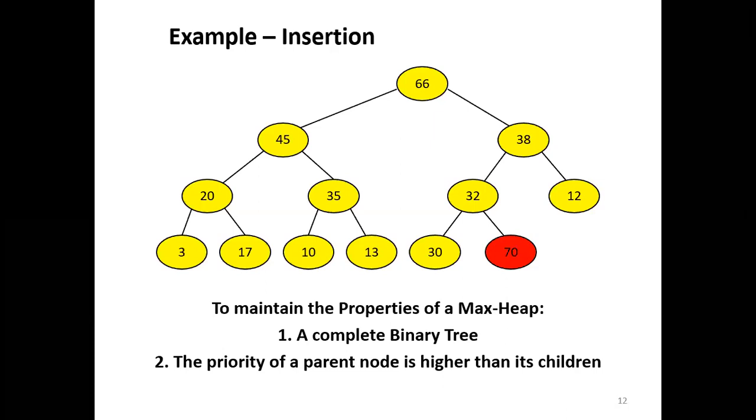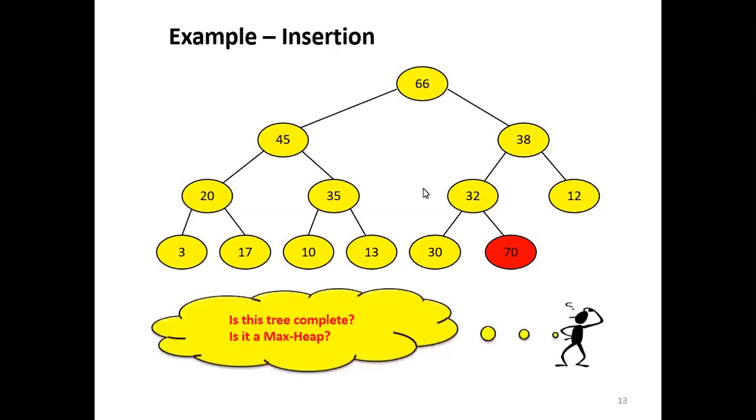This is because we have 70 at this point, and 70 is greater than this, and greater than this, and greater than this. But the heap property says that the element with the highest value needs to be at the root node. So we need to perform an operation to ensure that 70 is moved to the root node, and until that is done, this structure has not restored the properties of a max heap.